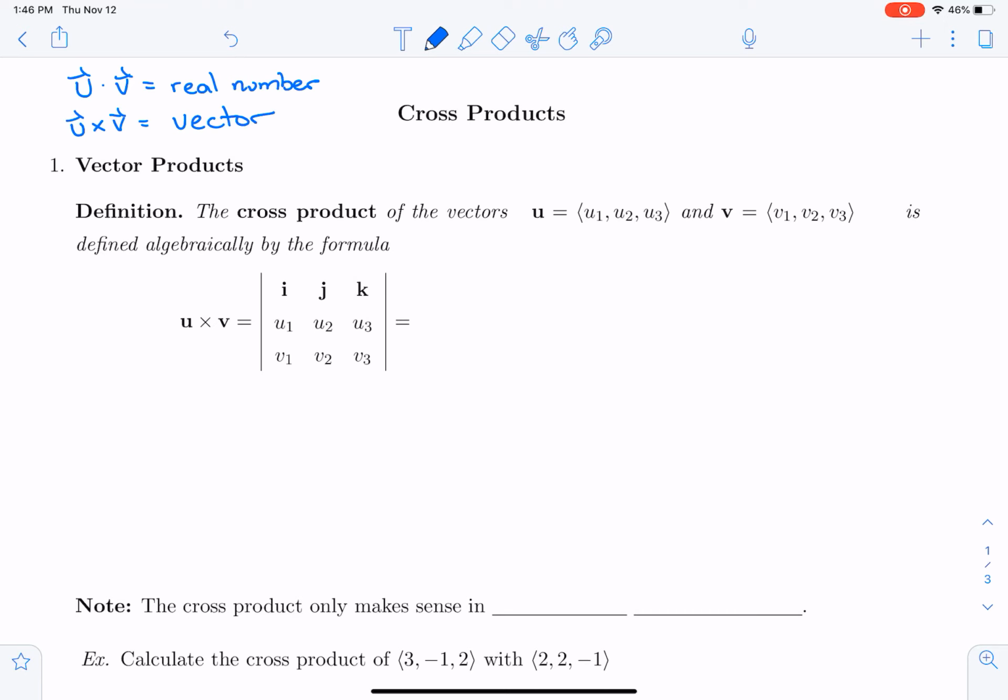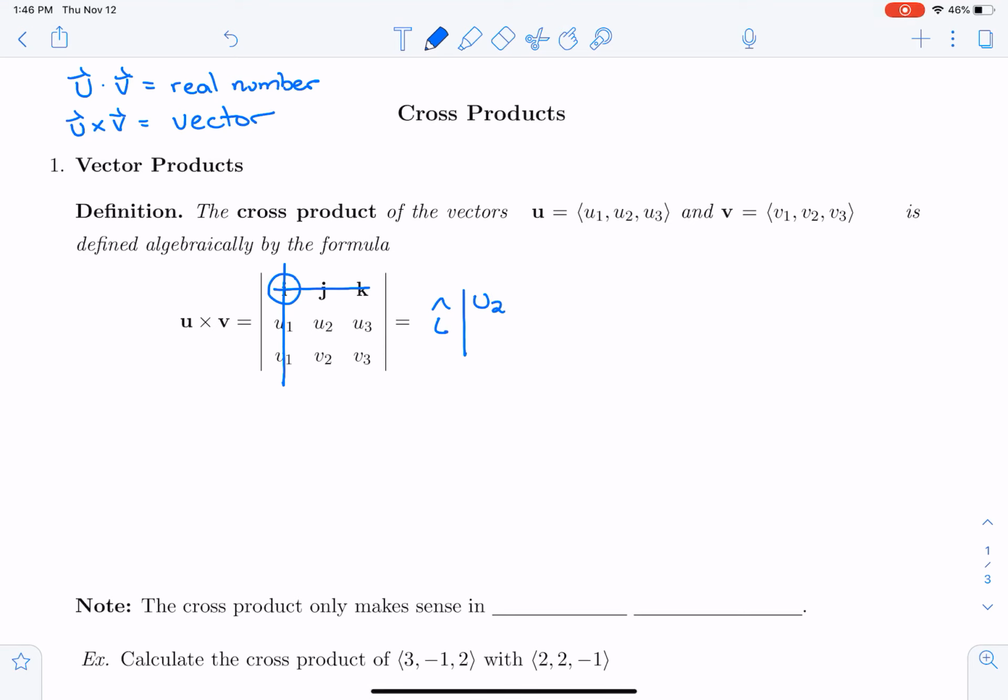The way that we look at this determinant is we look at the upper left corner, which is i, and we go ahead and write that down. That's like the i hat vector. Once we have looked at that upper left-hand corner, then we ignore everything in that row and everything in that column. And so what's left is actually the determinant of a 2 by 2 matrix.